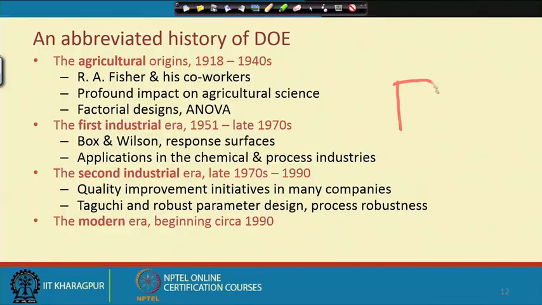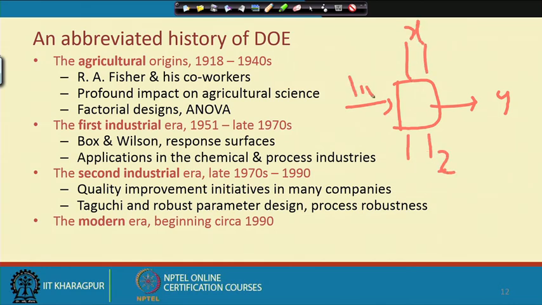More generic name is response variable which we denote by y. There will be inputs, there will be x and there will be z inputs. So this is what the process is. So you must be able to, based on your system or the problem at hand, find out this. Unless you find this out, you cannot go further.